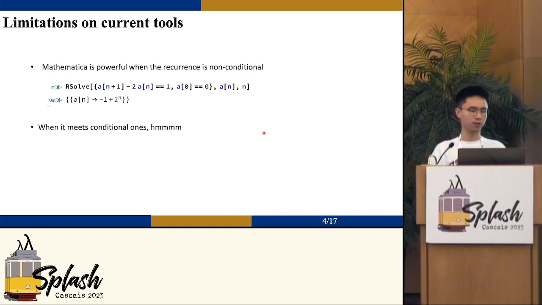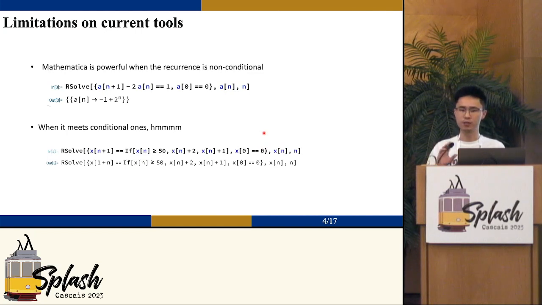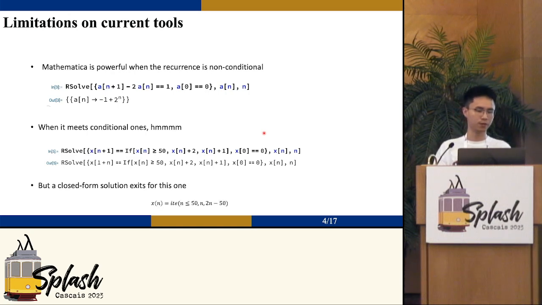I tried to give it the recurrence in the running example, which is conditional. Then it just gives up and returns what I typed in. But a closed-form solution does exist for this conditional recurrence, and here is the result produced by our tool. Together with other actions in the previous slide, the SMT solvers can prove the correctness of that assertion.